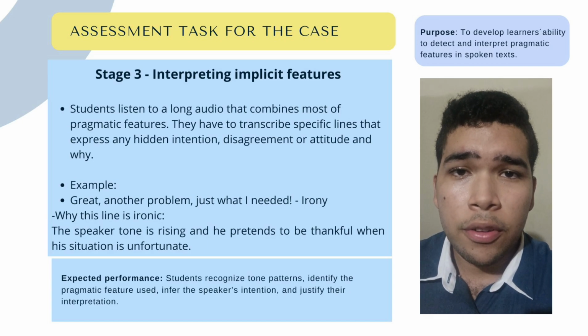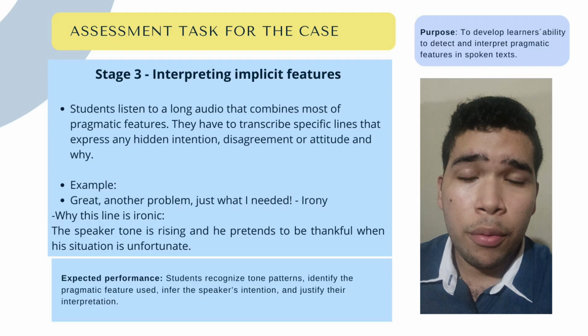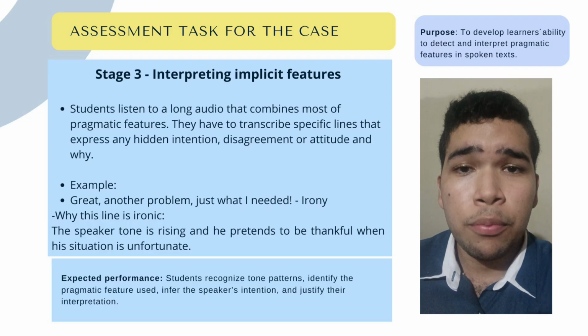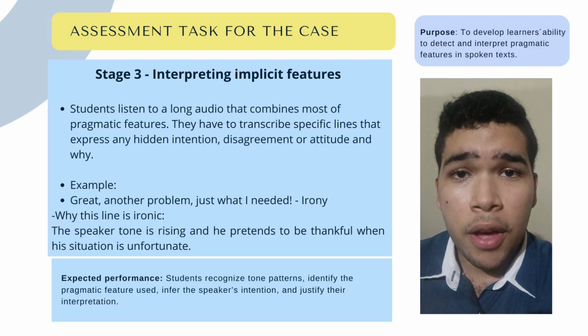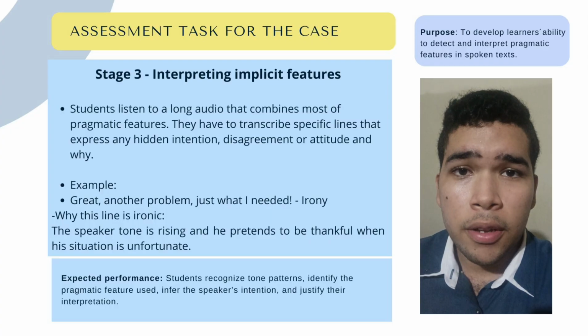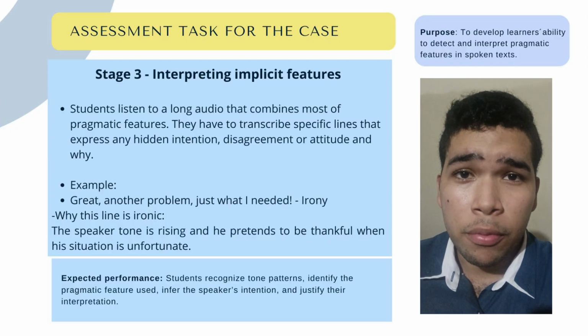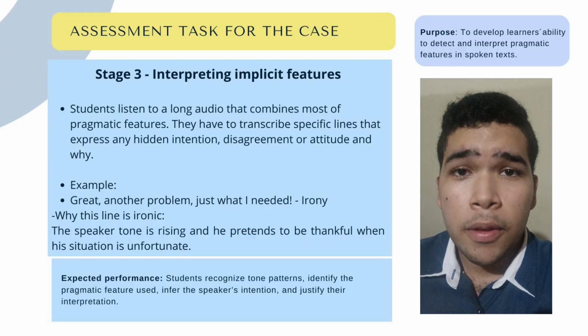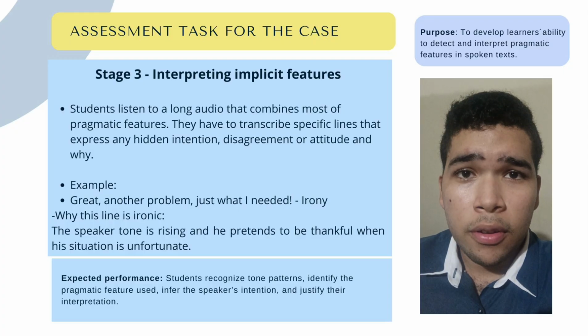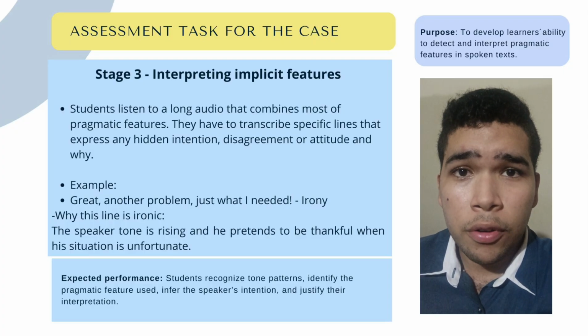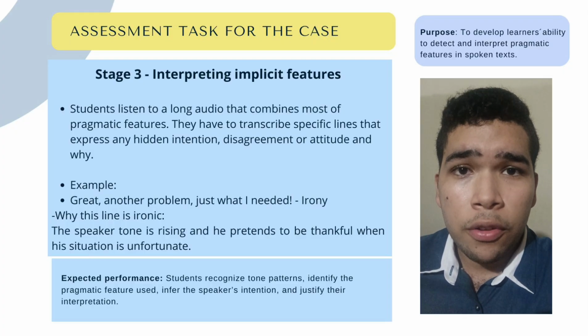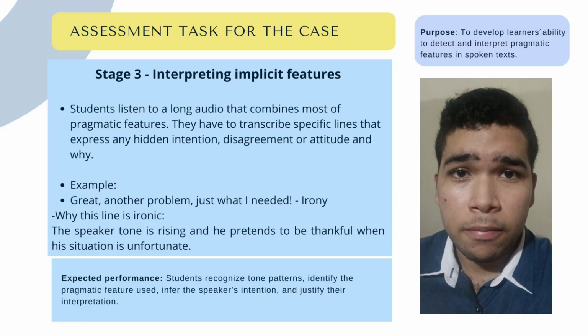We can check this example that works as a prompt and student output. An example of that: the line, "Great, another problem, just what I needed." And the student output is exactly the description or the explanation of why this line expresses irony.